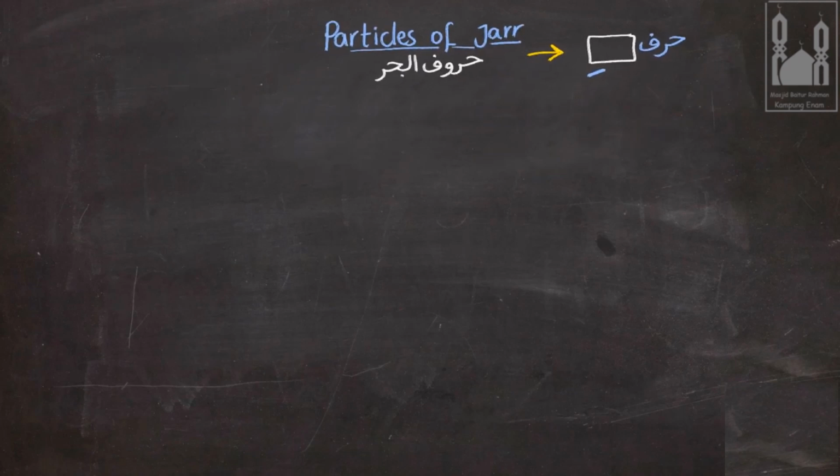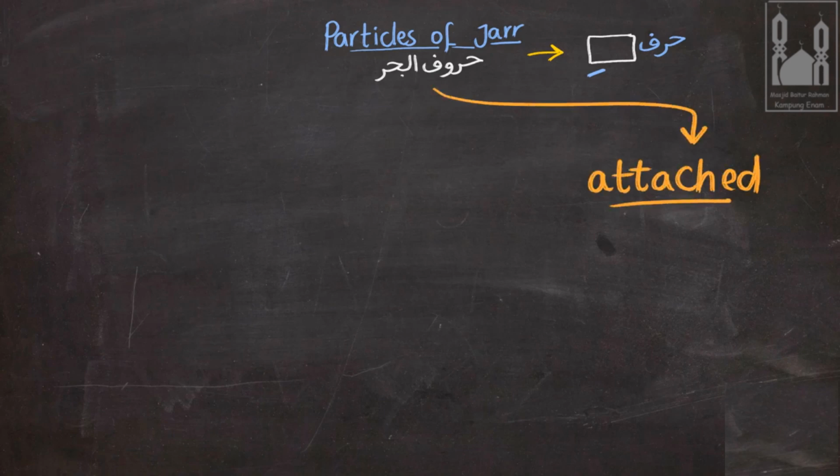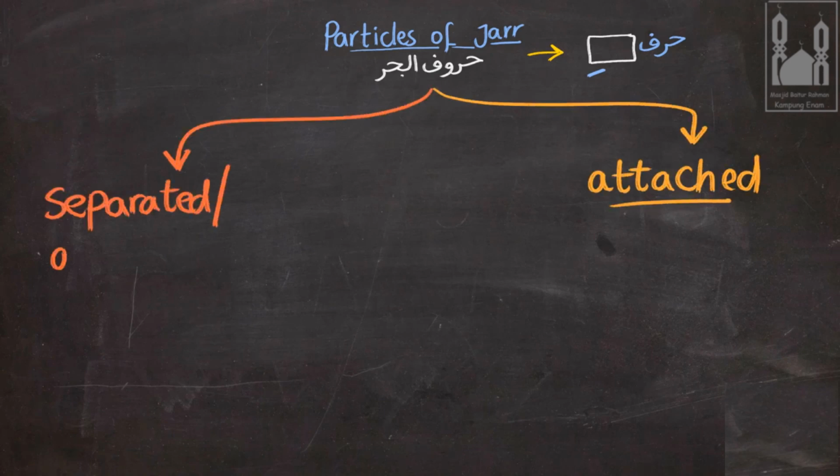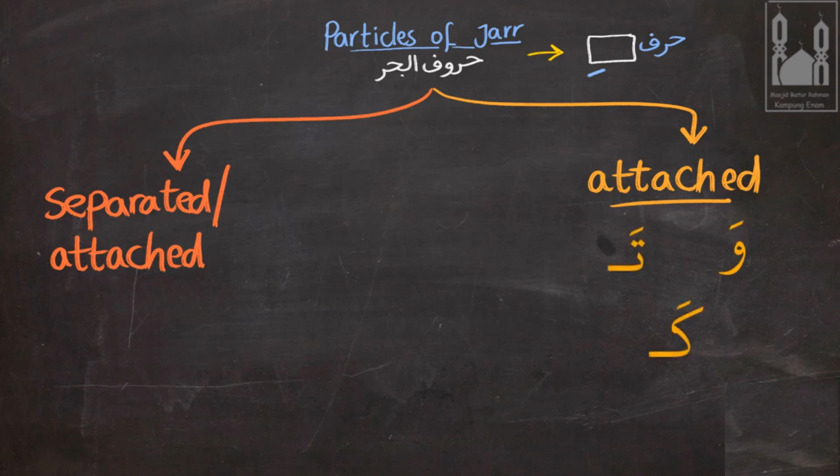You will see that some particles are only attached to another word, and some can be used separately and also attached to other words. The attached ones are all single letters, and they are wa, ta, ka, bi, and li.